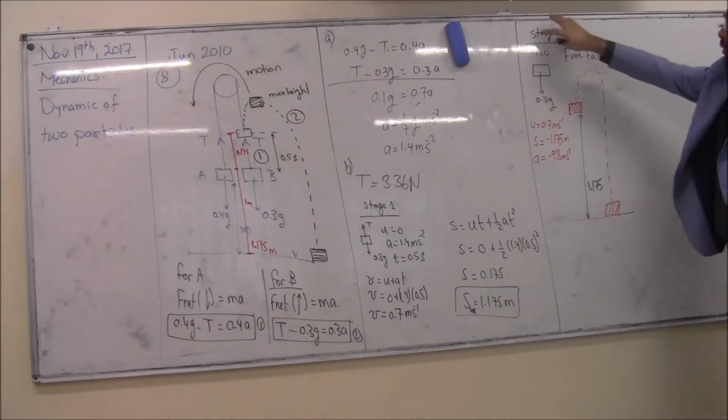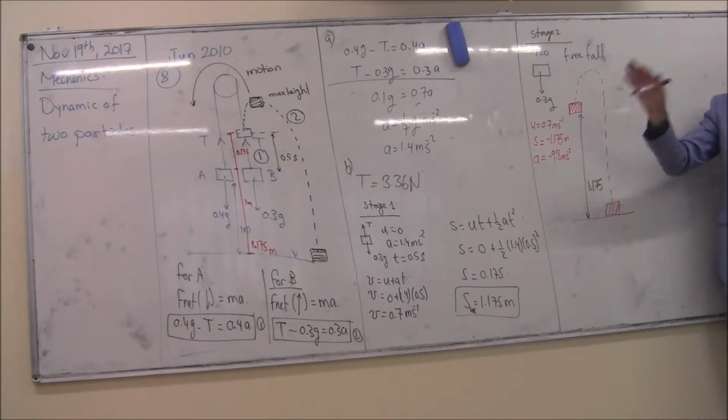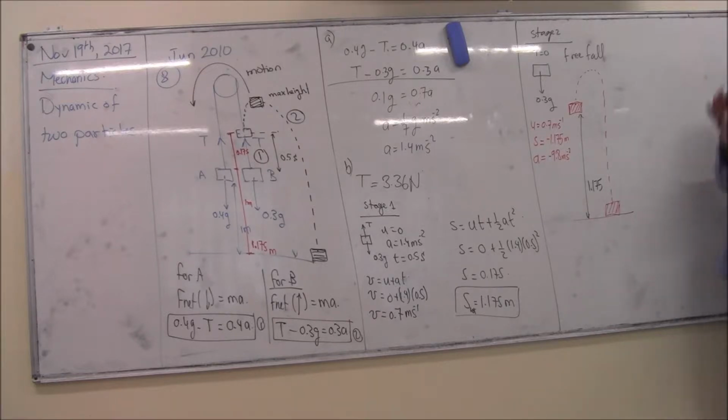After the string is broken, the second stage, this is the track of the motion. It's free fall, exactly like what we did in the kinematics about free falling. This is the initial position, this is the final position.